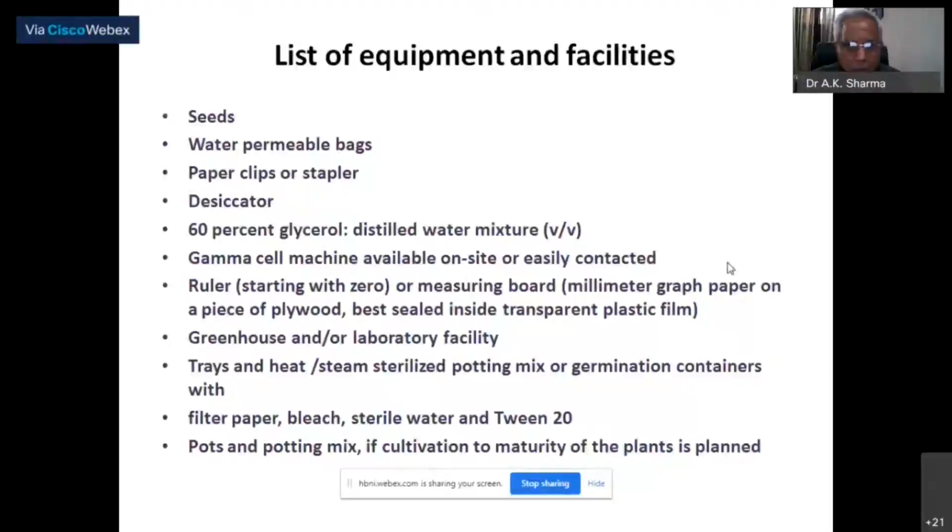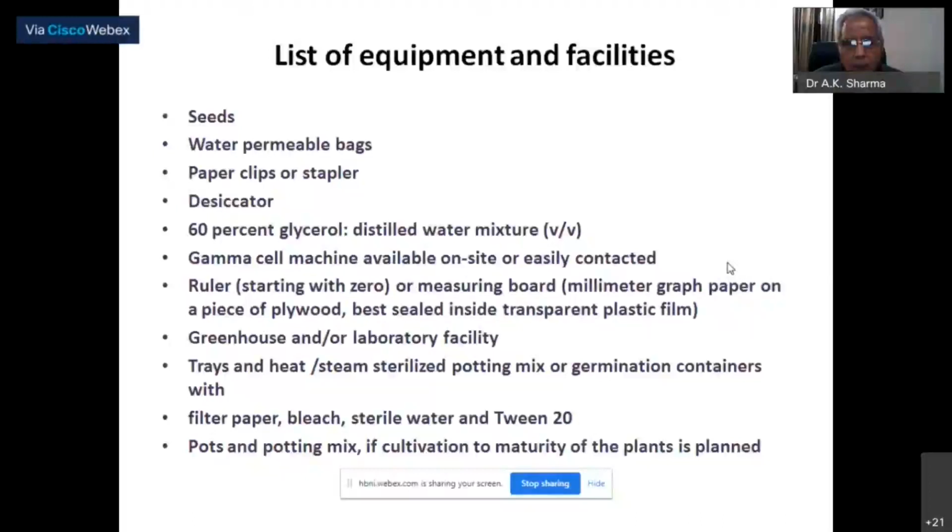Of course, to measure seedling heights and things like that, you need certain things. You need a greenhouse or a laboratory facility. Also, trays. You don't have to go to the field immediately, but in the laboratory you need trays where you can put some soil or such material in which seeds can be grown. You can have sterilization systems available.